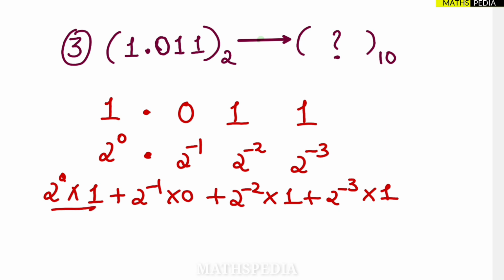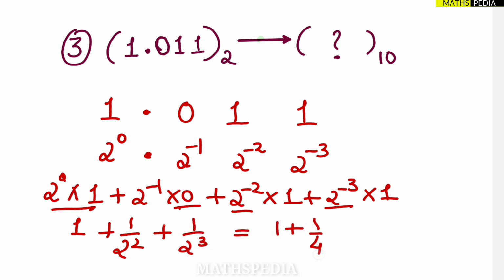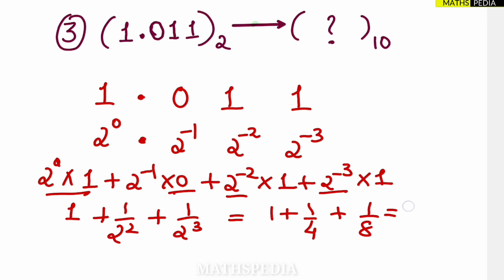So 2 power 0 is 1, plus this term is 0. Okay, so 2 power minus 2 is nothing but 1 by 2 power 2, plus 2 power minus 3 is nothing but 1 by 2 power 3. So that is equal to 1 plus 1 by 4 plus 1 by 8. What will be the answer? It is 1.375. Base will be what? 10. So simple logic we have applied here.